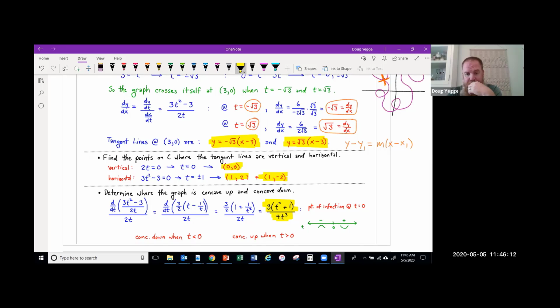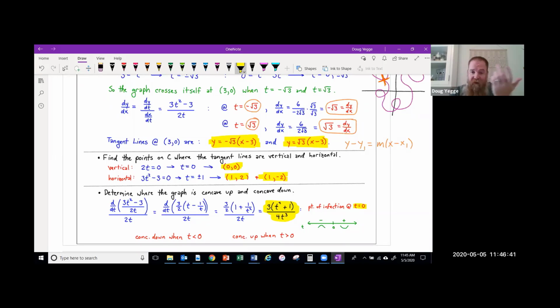Because the parametric equations were in terms of t, our second derivative should be in terms of t. So if I want to find the points of inflection, where the graph changes concavity, we just have to find where the numerator is equal to 0, which it never is, and where the denominator is equal to 0. Our only point of inflection is at t equals 0. If I put that on a number line, the values that are negative will cause this second derivative to be negative, and values that are positive will cause the second derivative to be positive.